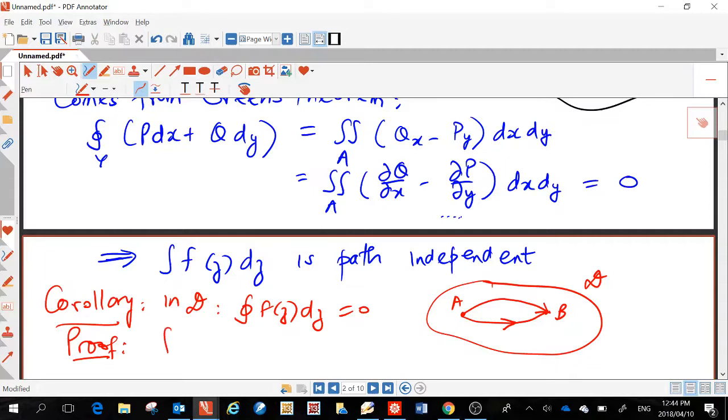So you can say the line integral from A to B, let's call these paths 1 and 2. The line integral along 1 of f dz minus the line integral along path 2 of f dz would be 0.